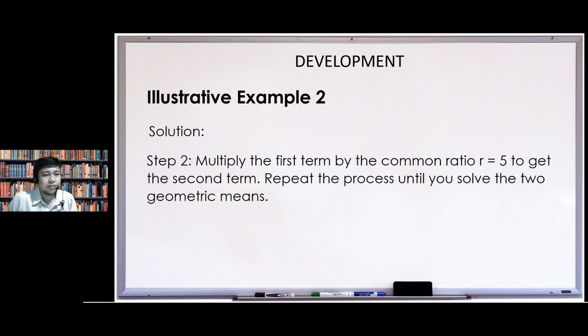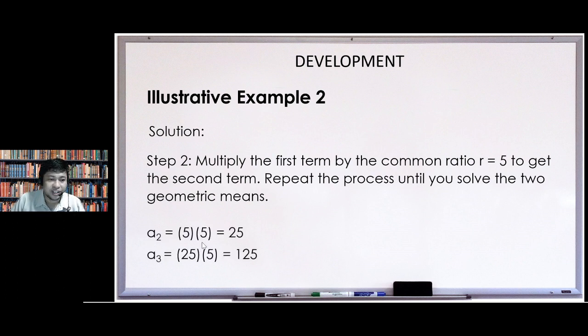Now, for this step, since we already got the common ratio, which is 5, we're going to multiply the first term by our common ratio to get the first geometric mean, and multiply again by 5 to get the second geometric mean. So meaning a sub 2 is equal to 5 times 5, which is 25.